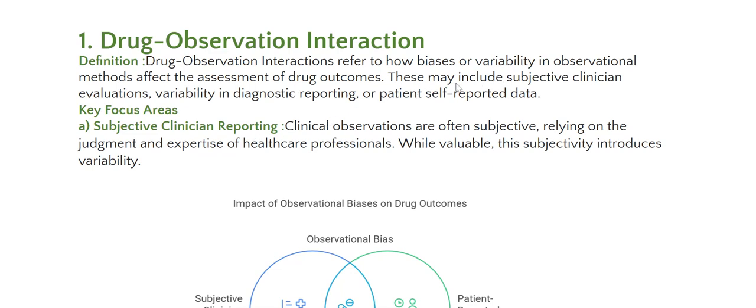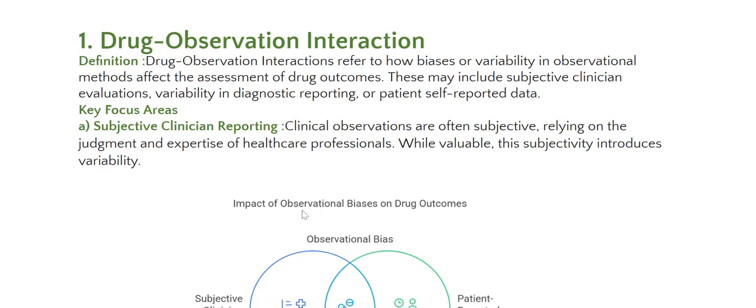These may include subjective clinician evaluations, variability in diagnostic reporting, or patient self-reported data. Key focus area: subjective clinician reporting. Clinical observations are often subjective, relying on the judgment and expertise of healthcare professionals. While valuable, this subjectivity introduces variability.